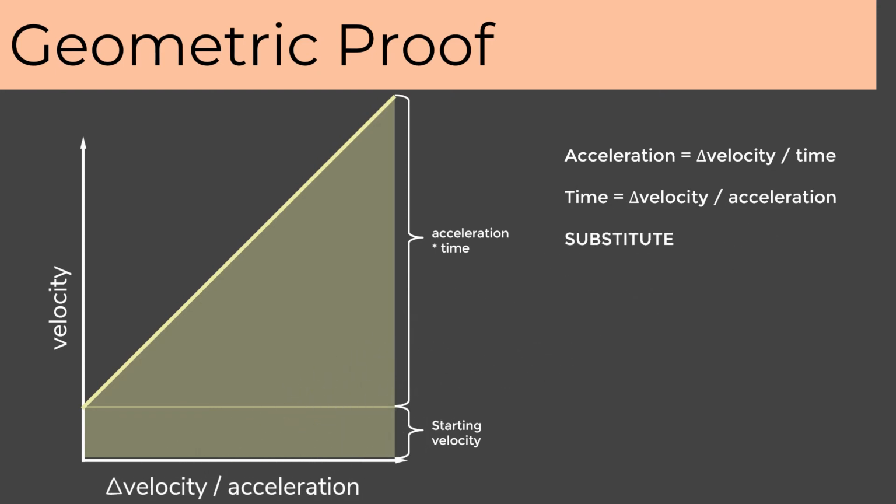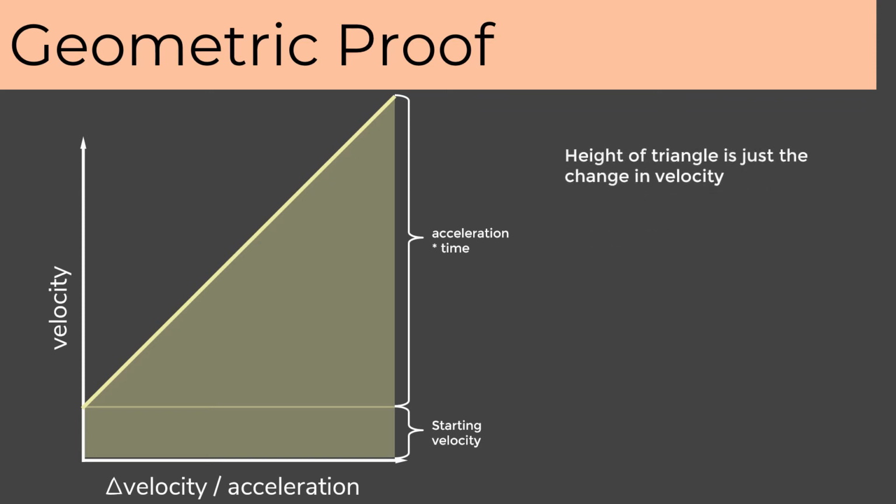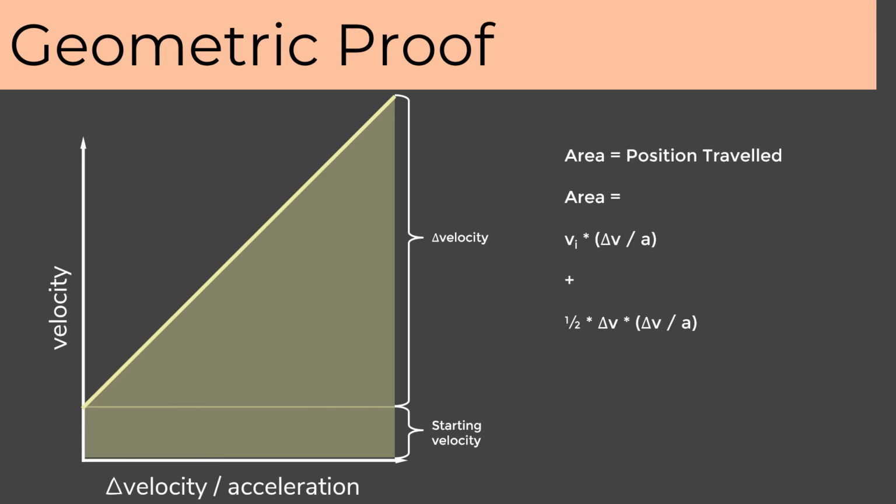Looking at the triangle, we can see that the height of the triangle is just the change in velocity, so we can substitute that in to get rid of the variable time again. Using the same method as the previous equation, we solve for area, which is equal to this. Take some time to look this over and proceed when you understand it.